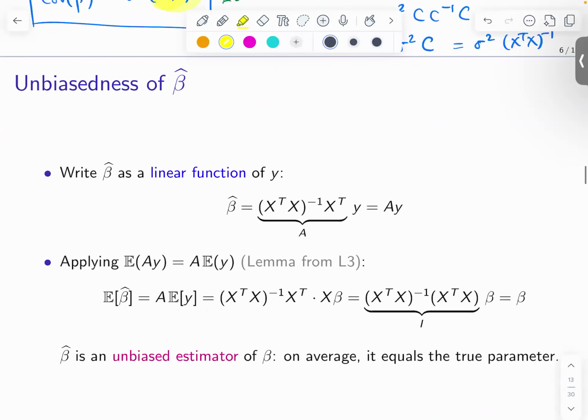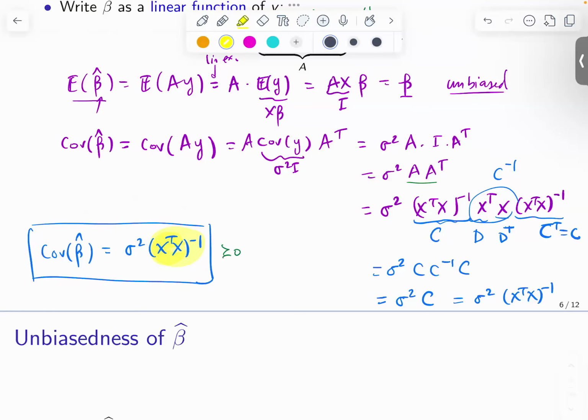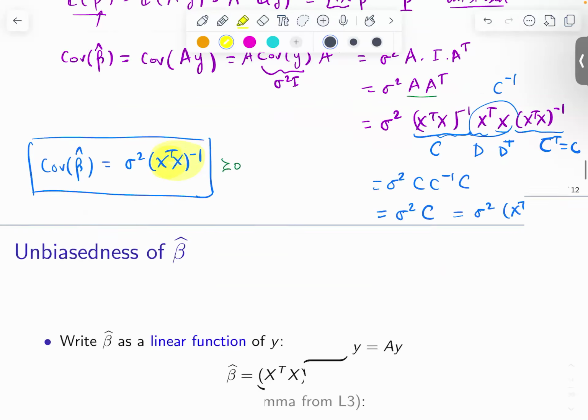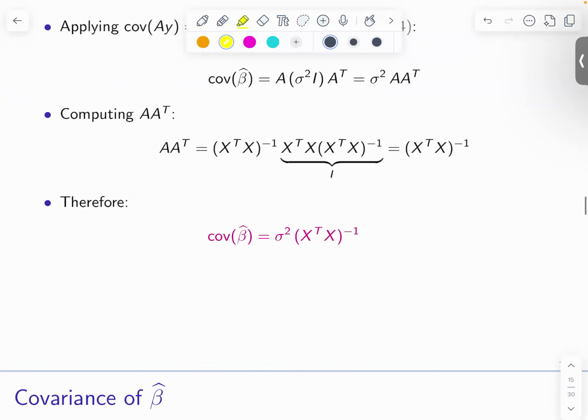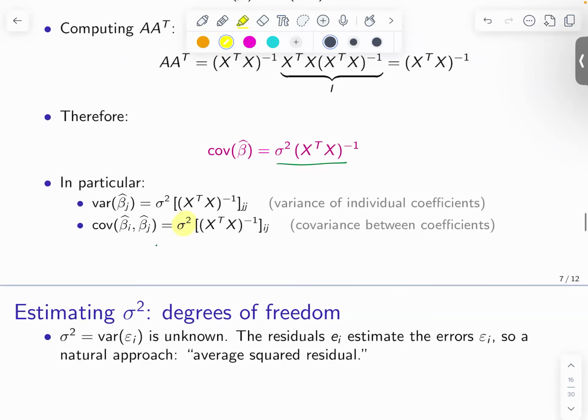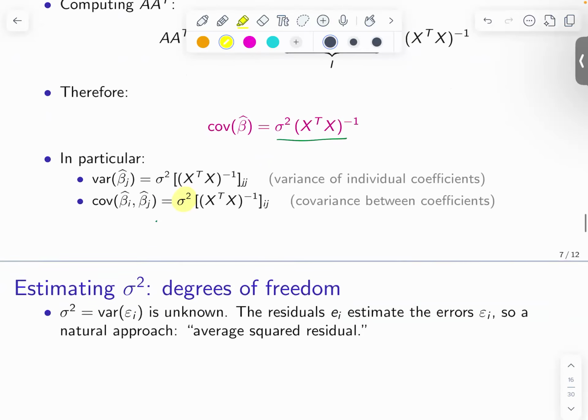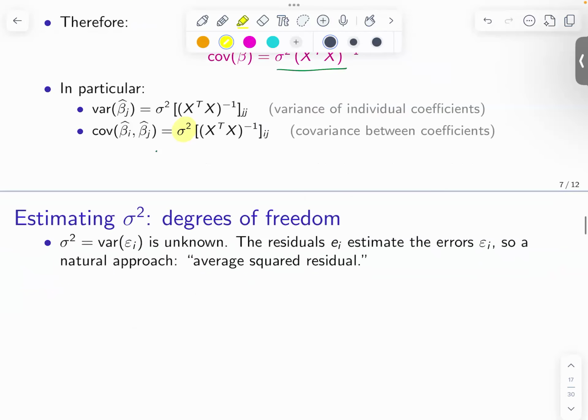Okay, so this is all good and nice, except that I can't compute it because I don't know sigma squared. How do we estimate sigma squared, anyone? You can think of it as the variance of a single epsilon i. Its variance is sigma squared. How do you estimate it? Sample variance. Sample variance, okay.